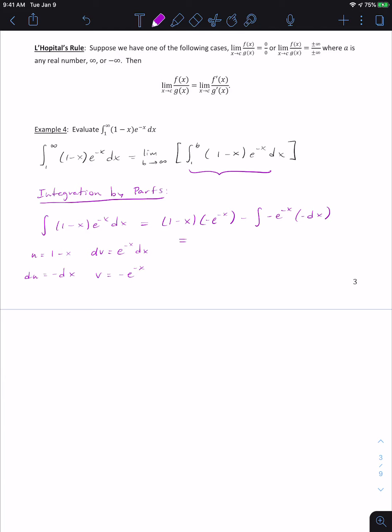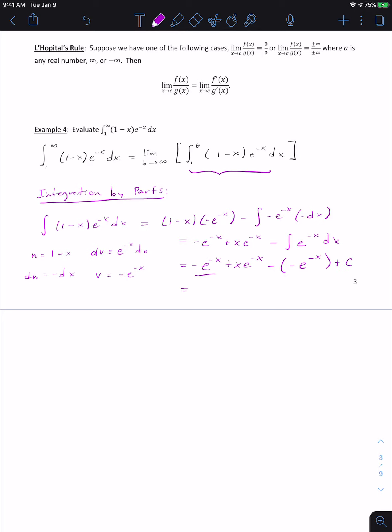So this becomes negative e to the negative x plus x e to the negative x, minus, because there's 3 negative signs, minus the integral of e to the negative x dx. So I get minus e to the negative x plus x e to the negative x minus, and then minus e to the negative x plus c.